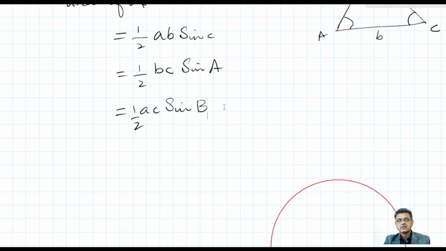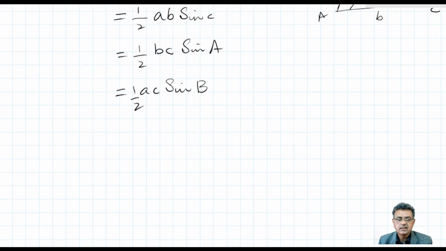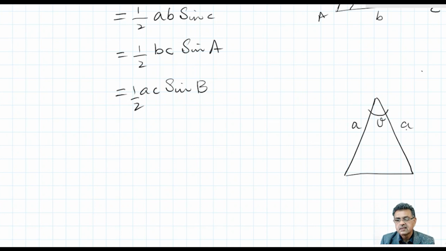That means whenever you have two sides, then sine of included angle will be considered in order to find area of triangle. Now if there is an isosceles triangle, like if there is a triangle this way and this angle is given theta, this length is A, this is also A if this is isosceles, then area of this triangle, what will it be?